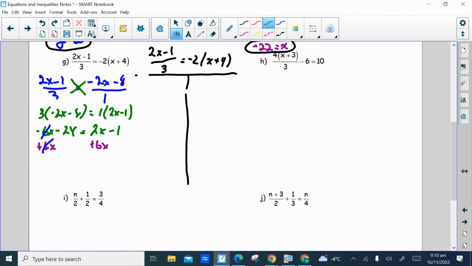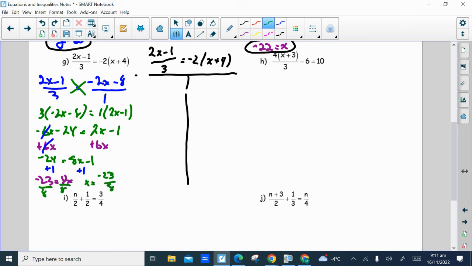And we have negative 24 on the left equaling 2x and 6x is 8x minus 1. We'll add 1 to both sides, and that'll give us negative 23 on the left, equaling 8x. And then divide both sides by 8, and x will equal negative 23 over 8.